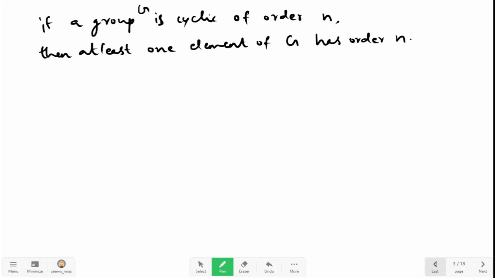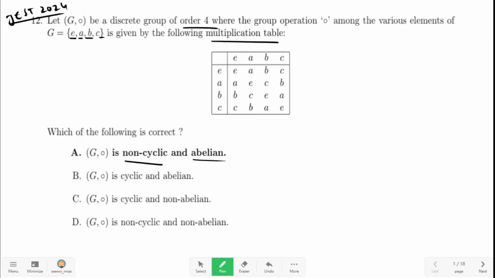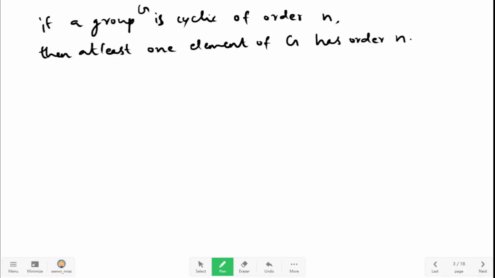Now it is given that the group here has order 4. Even if it is not given, we can find this out, because the order of a group is nothing but the number of elements in the group. The number of elements in the group is 4, so the group order is 4.